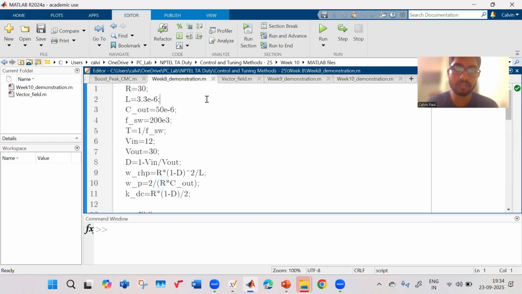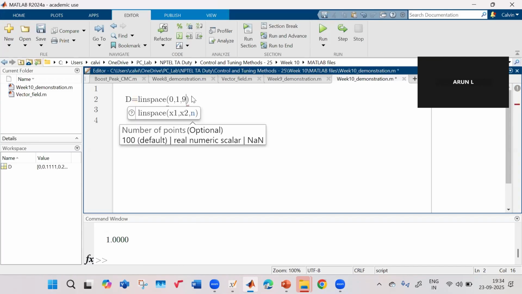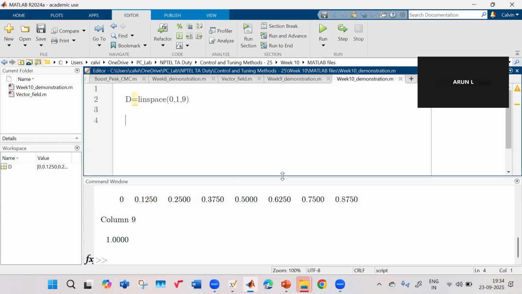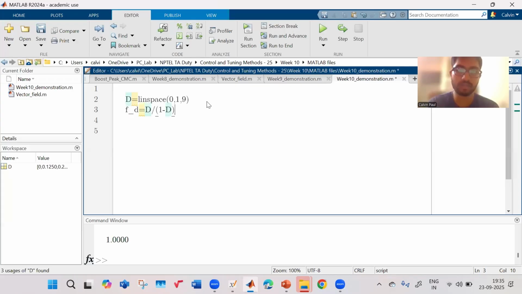Okay, let's run it. So your f function of D is given by D divided by 1 minus D. Let us check how it looks.